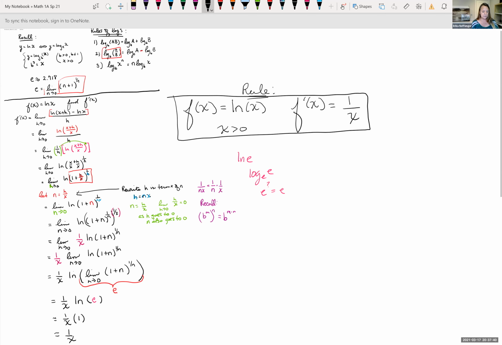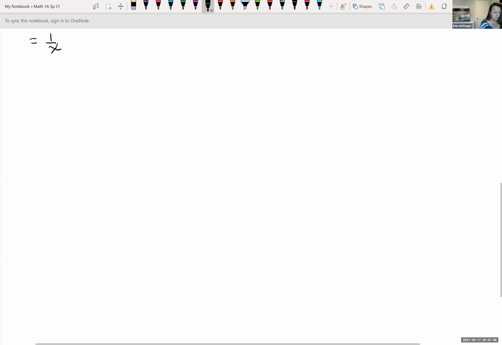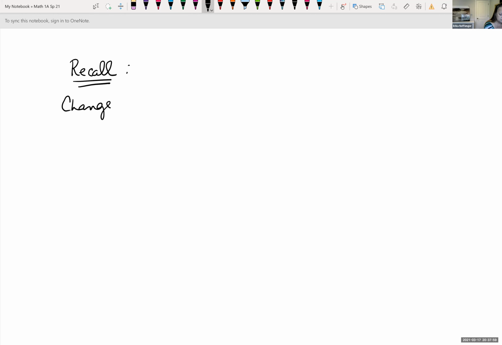Okay, so let's look at finding the derivative of log base b of x. Before we do that, recall there was a change of base formula for logs, which says if you have log base b of x, we want to change this to the natural log.